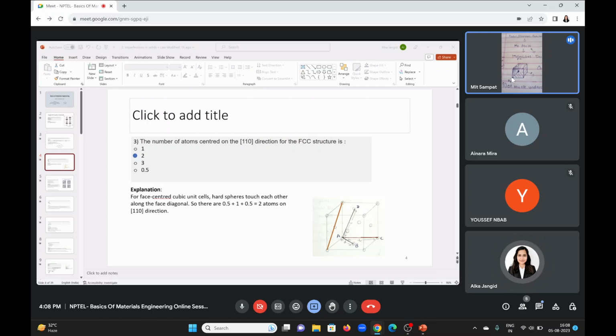If it is cutting Z at 1, then it will be 001. But it's cutting Y at -1, so it will be 0 1 bar 0. You have to shift the origin in this case.